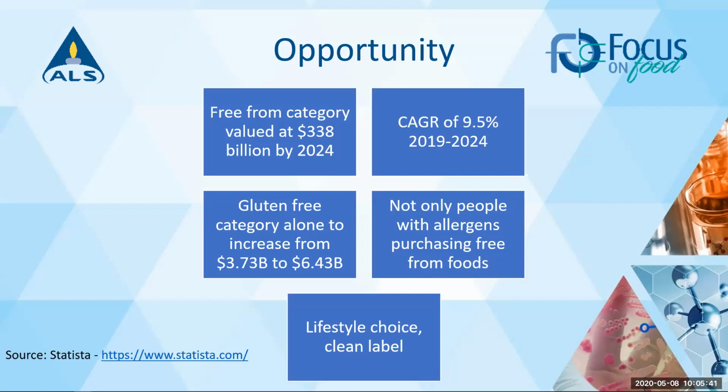The gluten-free category alone is set to increase from $3.73 billion to $6.43 billion in the same period. And growth's being driven obviously not only by increasing numbers of people with food allergies, but by people making lifestyle choices and seeking clean label products.